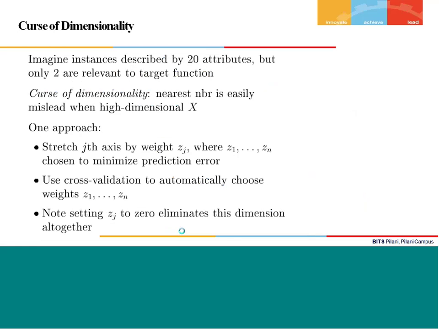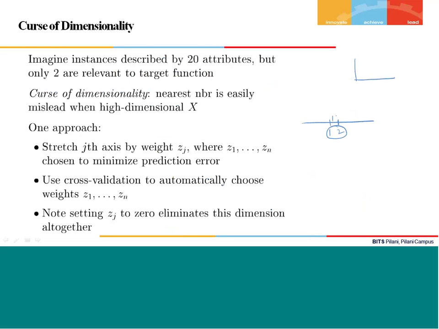Say I have a one-dimensional space, a line. These two points are 1 and 2, so the distance between these two points is 1 only.